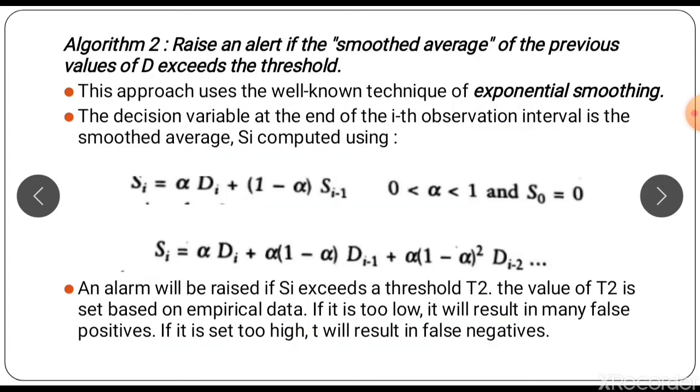The second algorithm raises an alarm if the smoothed average of the previous values of D exceeds the threshold. This approach uses the well-known technique of exponential smoothing. The decision variable at the end of the ith observation interval is the smoothed average, that is, Si is computed as Si = alpha * Di + (1 - alpha) * S(i-1), where alpha lies between 0 and 1 and S0 is equal to 0.